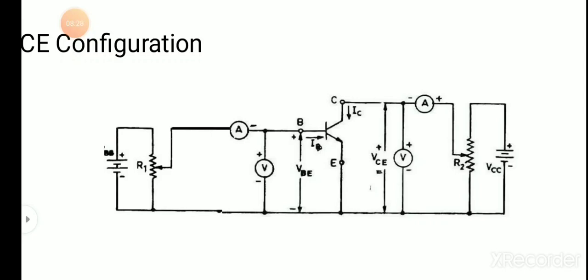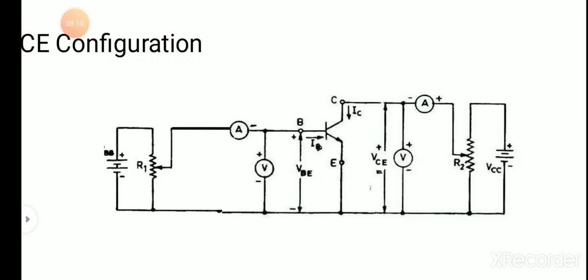You can see we applied VBE, with plus and minus: plus is given to the base, minus is given to the emitter. Here also plus and minus are given, but the direction should be different. On the output side, we use one voltmeter to measure VCE, and another ammeter to measure the output current IC.